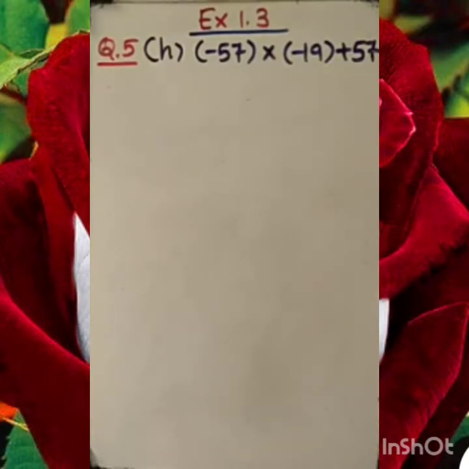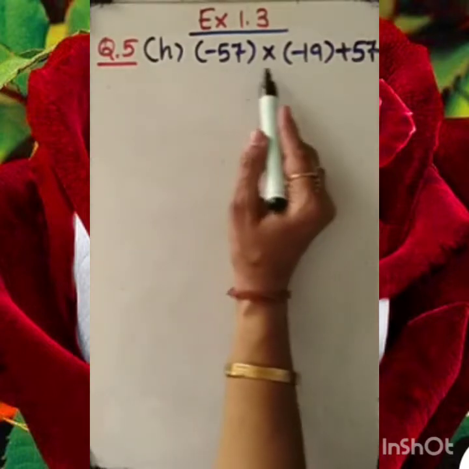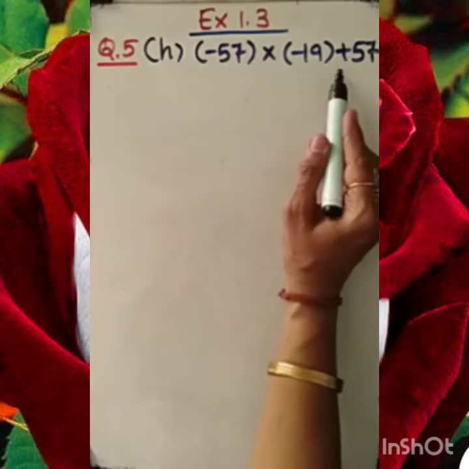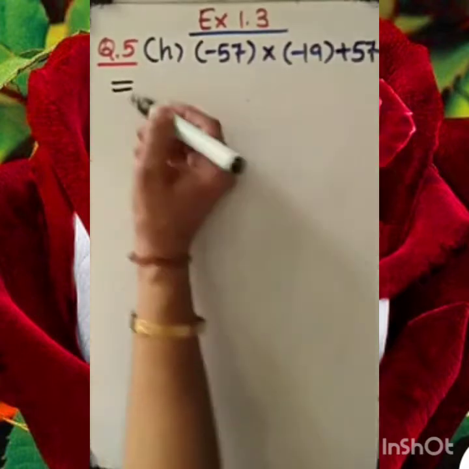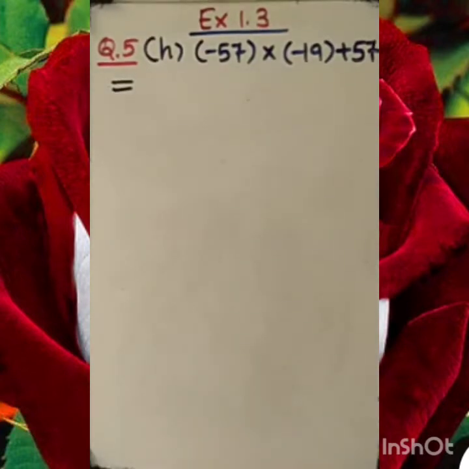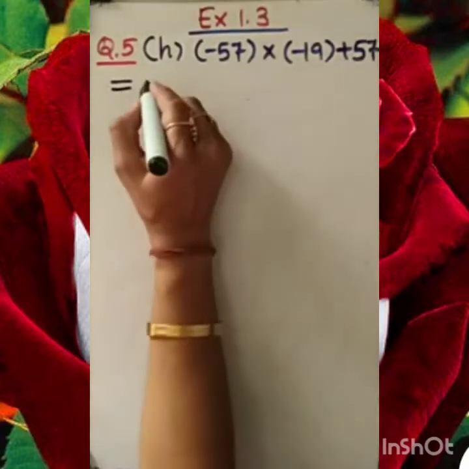My dear student, here you can see on your screen question 5, the H is written minus 57 into minus 19 plus 57. We have to apply a property. Okay, so here we are going to apply the distributive property. But before we proceed for that, one simple thing I am doing here.